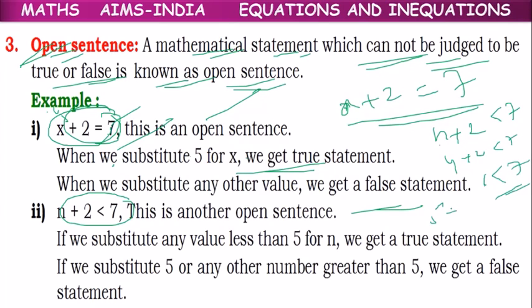But if you keep 5, 5 plus 2 less than 7, 7 less than 7, wrong. Means for some values it is true, for some values it is false. The same sentence can be true or false. So these kinds of sentences can be called open sentences.